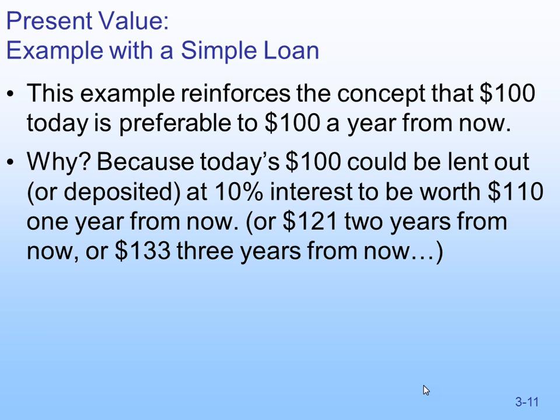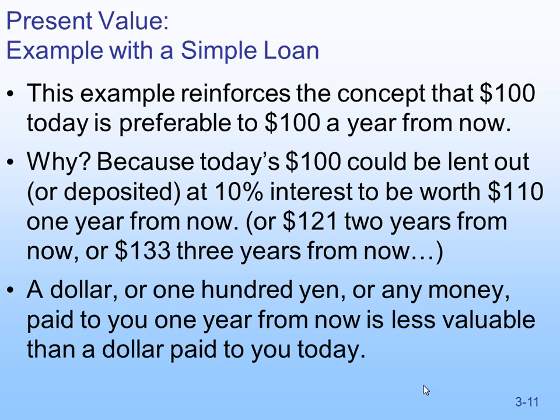In our example, it's really high, 10%. You guys have probably never seen that in your lifetimes here in Japan, right? And then it would be worth $110 1 year from now, even more 2 years from now, even more 3 years from now. So any amount of money, whether it's $1 or 100 yen, if it's paid to you 1 year from now, under normal circumstances, it's less valuable than $1 paid to you today.